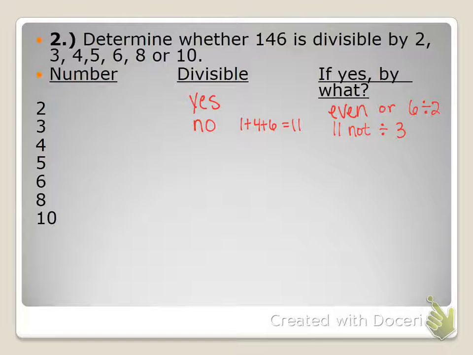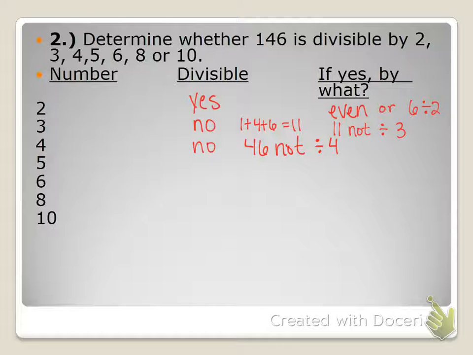All right, is 146 divisible by 4? Why not? The what? What are the last 2 digits? Okay, so 46 is not divisible by 4, so the whole number is not divisible by 4.